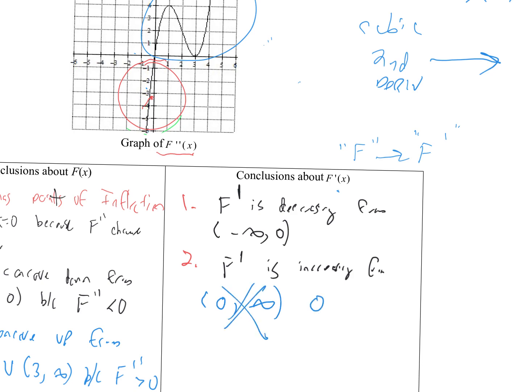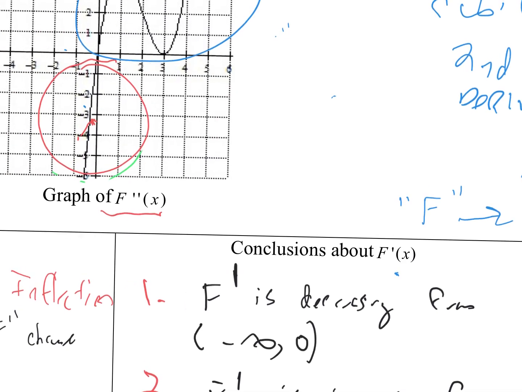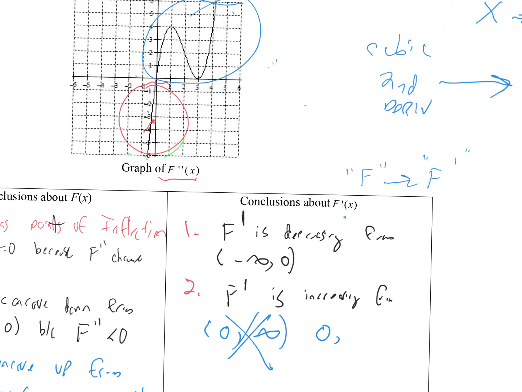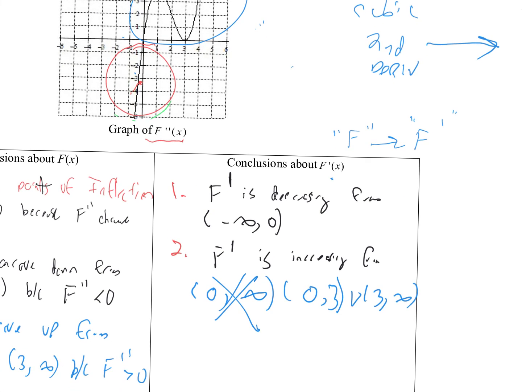It's 0 to 3, union 3 to infinity. And the reason up here was because f double prime was less than 0. Because f double prime is greater than 0. Which is why I had to break that up into two different pieces here. Why I unioned it.